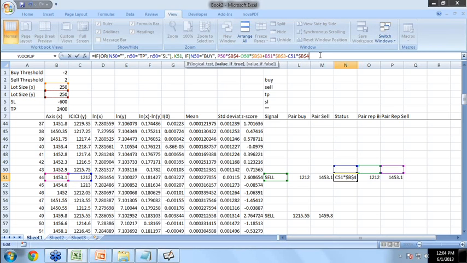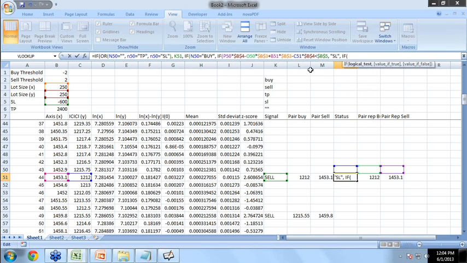So if this is less than this thing, that is my stop loss, then I would say that I have hit my stop loss. Same thing. All right, we forgot to mention IF here. Yeah. So if this thing is true, then stop loss.